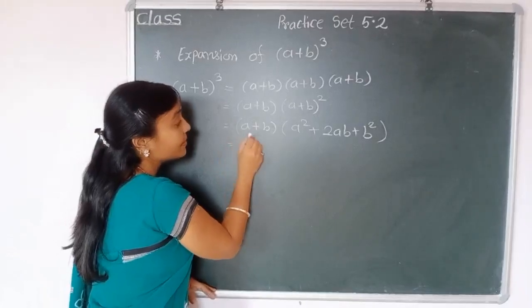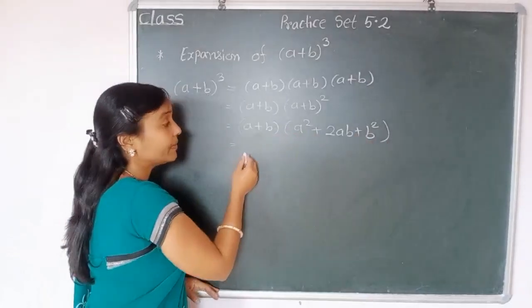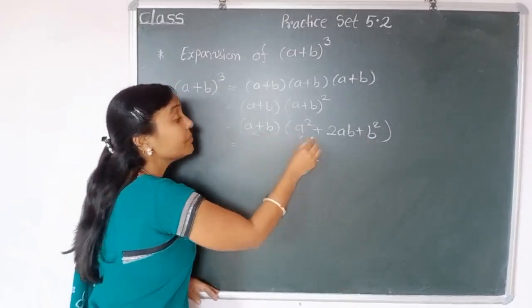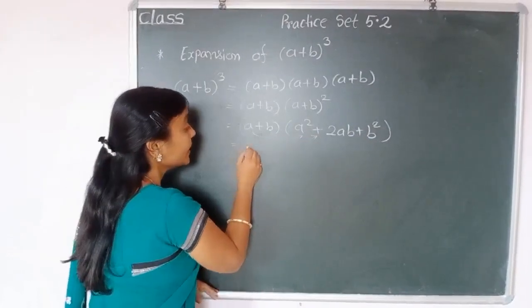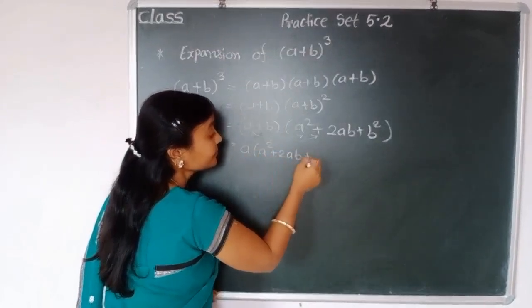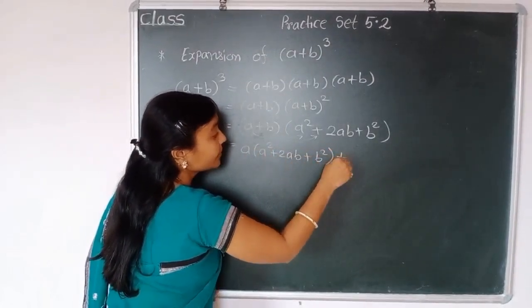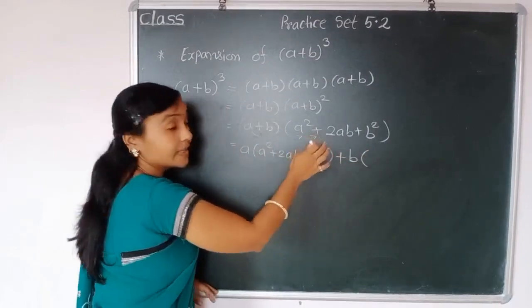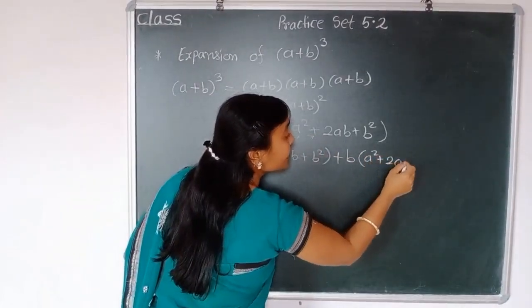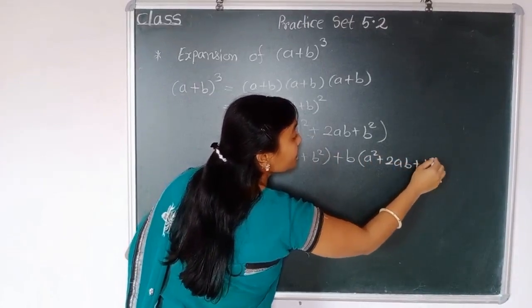So this bracket is multiplied to this whole bracket. First a is multiplied to this bracket and then b is multiplied to this bracket. A in bracket a square plus twice ab plus b square, plus b in bracket a square plus twice ab plus b square.